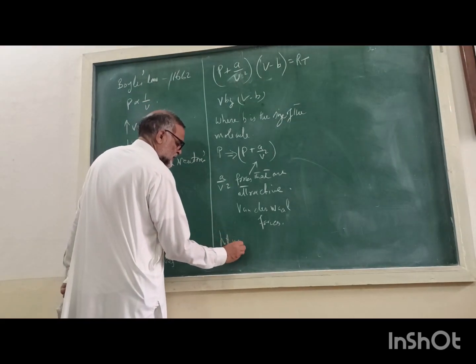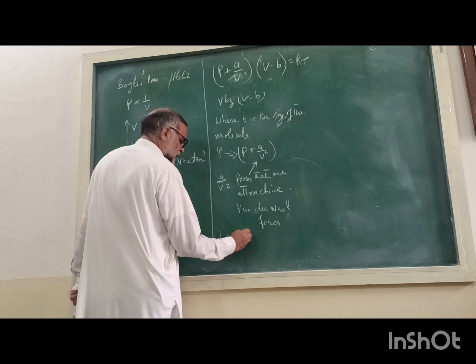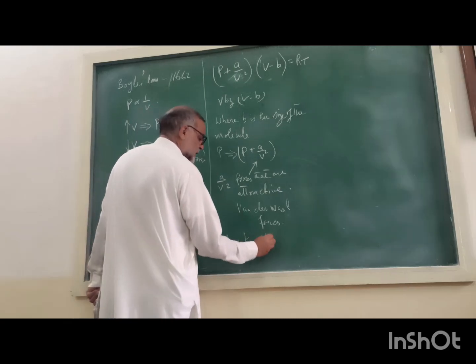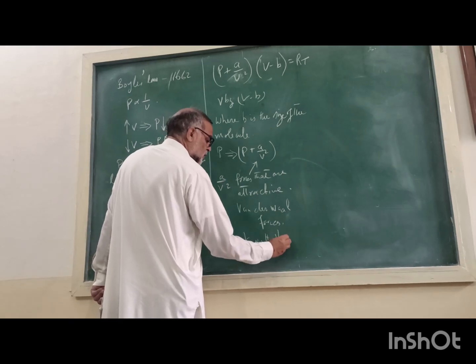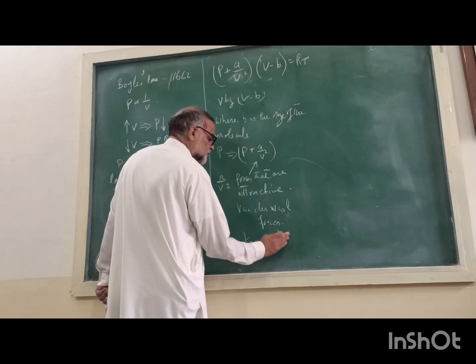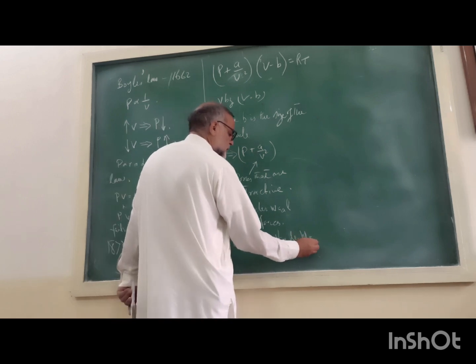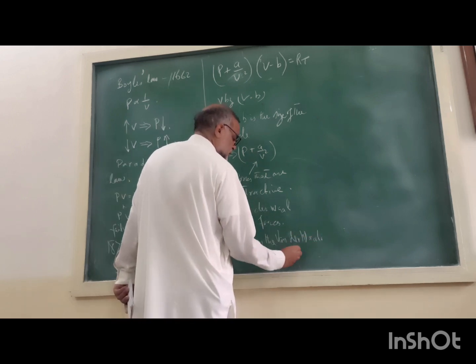Now the unknown, what is the unknown? The a over V squared. Let us know the van der Waals forces.